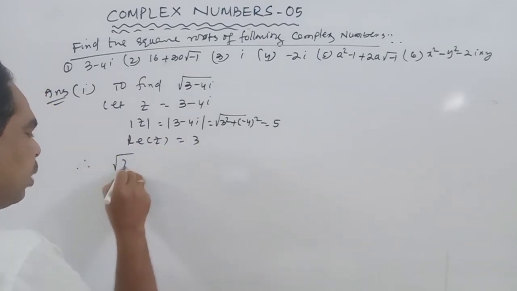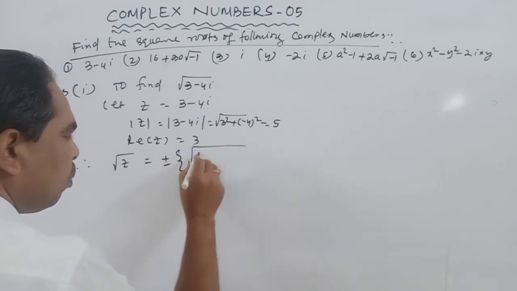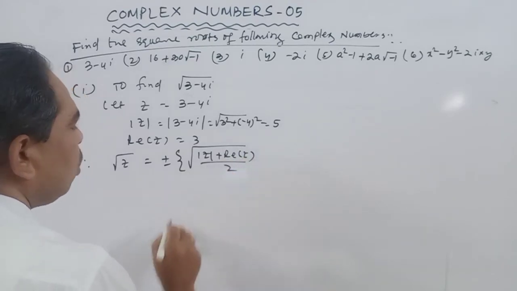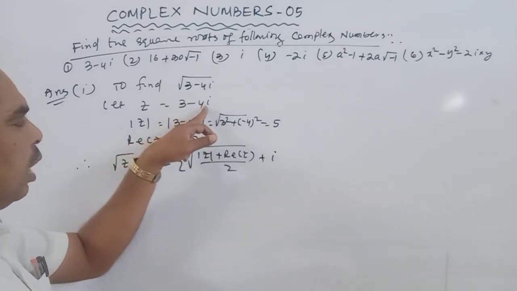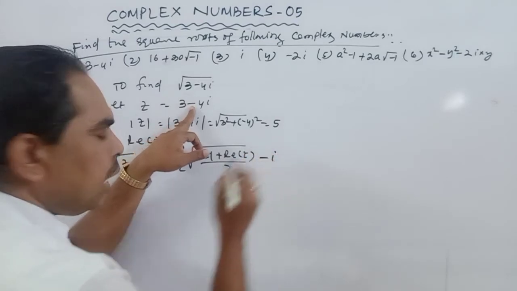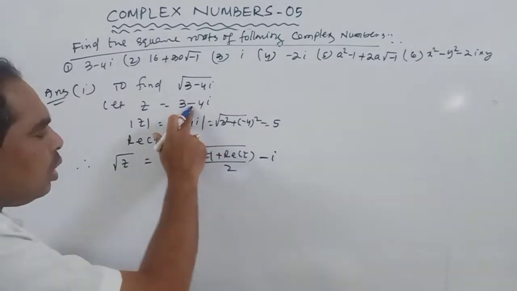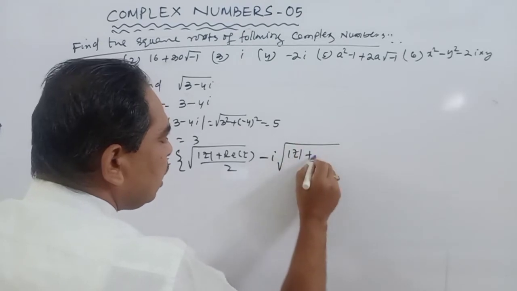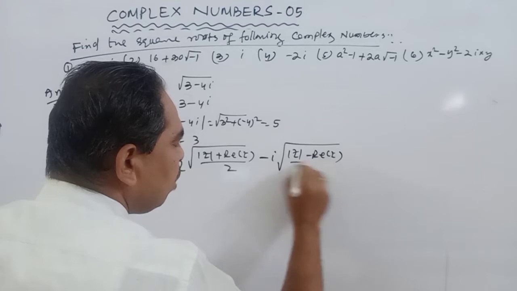Therefore the square root of z, what is the formula? Plus or minus, curly bracket, square root of (mod of z plus real z) divided by 2, plus i into the sign of the imaginary part. The sign of the imaginary part is minus, so put here a minus sign, into square root of (mod z minus real z) divided by 2.